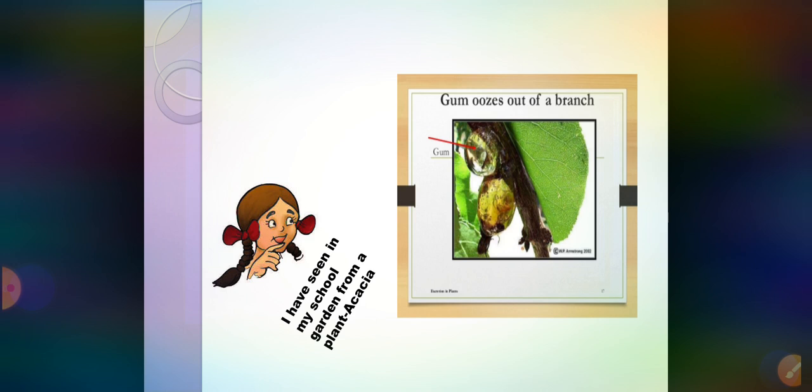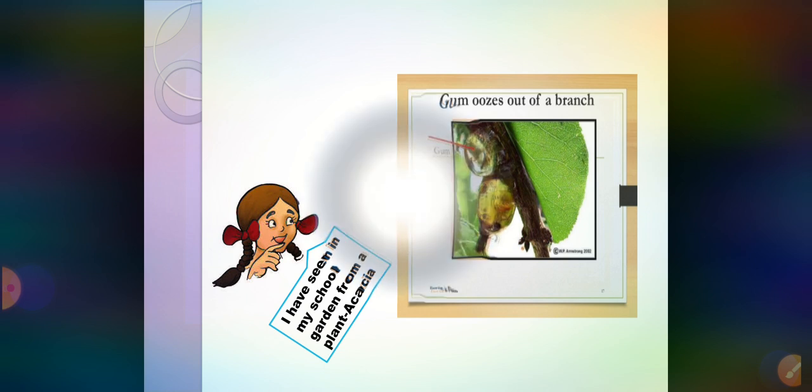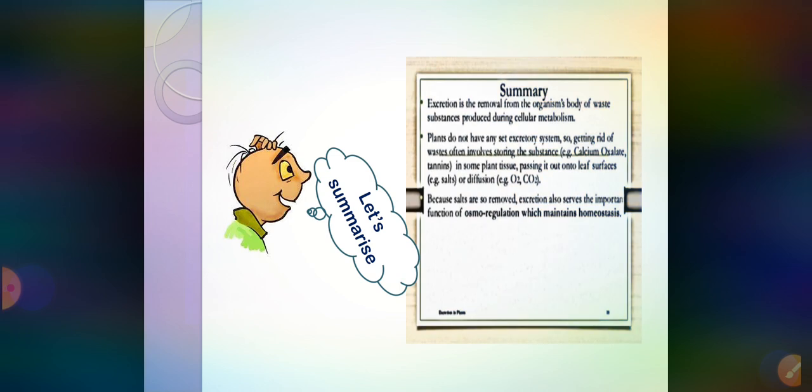Next, let's summarize. Excretion is the removal from the organism's body of waste substances produced during cellular metabolism.